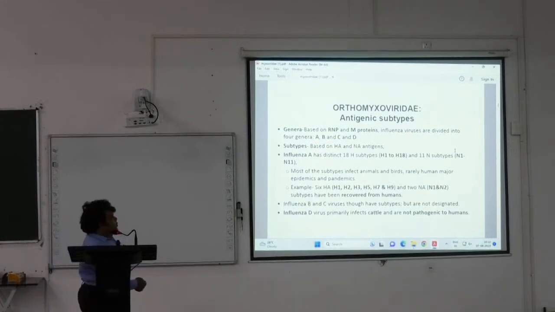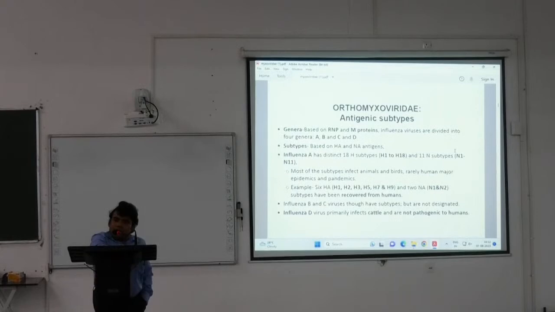Another important feature of influenza virus is the antigenic subtype. Now, the ribonucleoprotein is the main antigen over here, and there are 4 types, A, B, C, D. Furthermore, as I have already said, the neuraminidase and the hemagglutinin are also different. Based on that, there are 18 hemagglutinin types and 11 neuraminidase types.